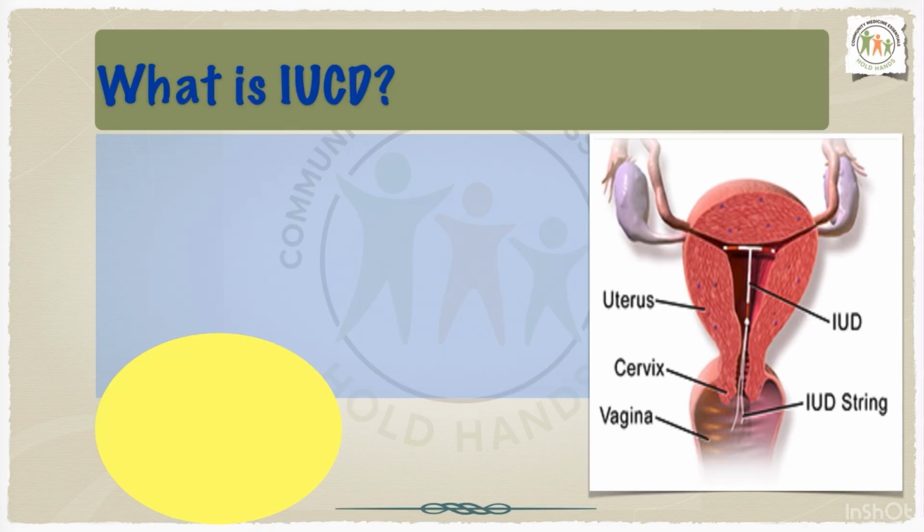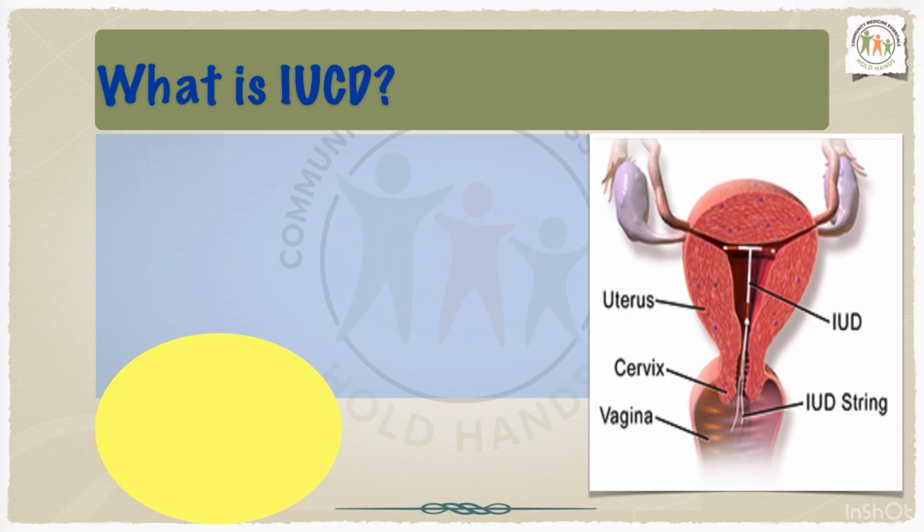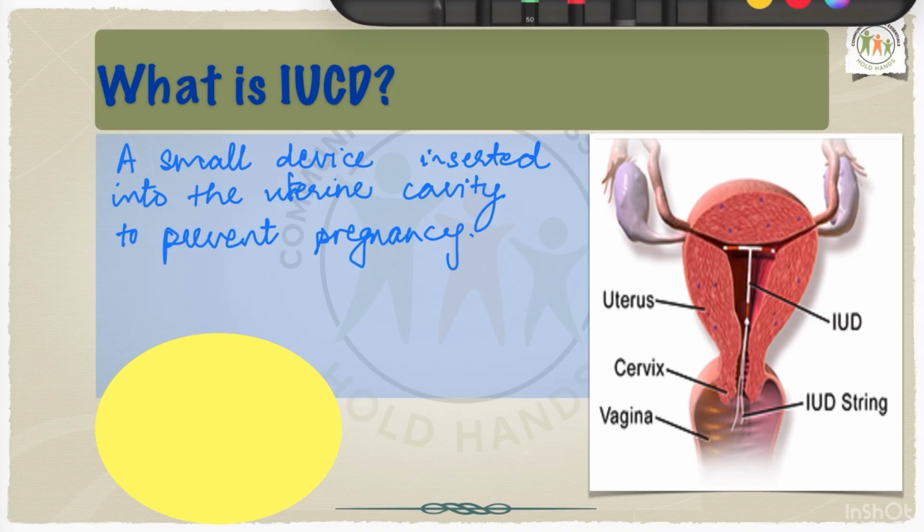Let's start this topic. What is IUCD? IUCD is a small device inserted into the uterine cavity to prevent pregnancy.